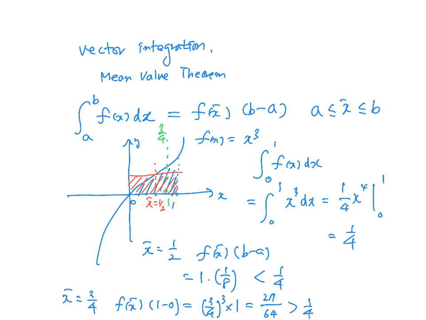So we know that x bar lies between x equals 1/2 and x equals 3/4. So somewhere in between. So we can actually reduce, you can try another half point.